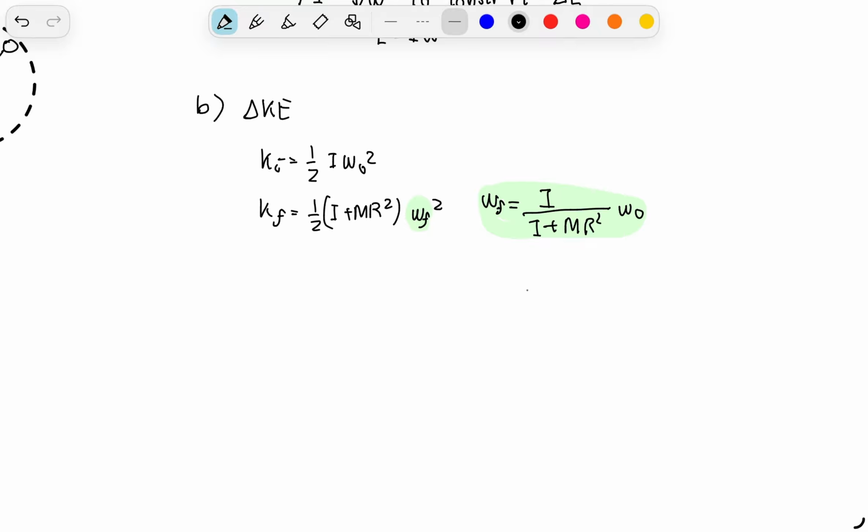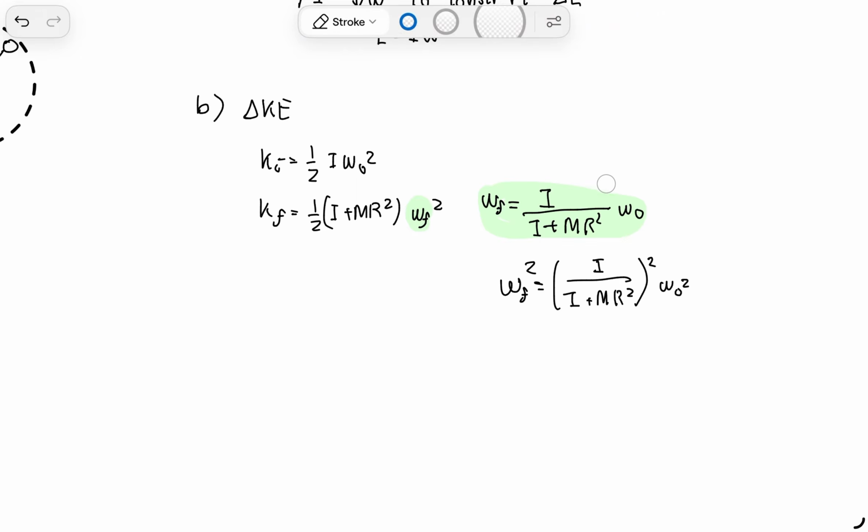Well, first, before we do that, let's just square it. So omega f squared would be I over I plus mr squared, times omega initial squared. So let's substitute this in instead.